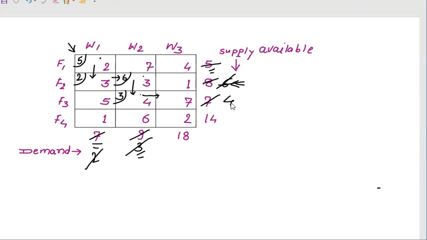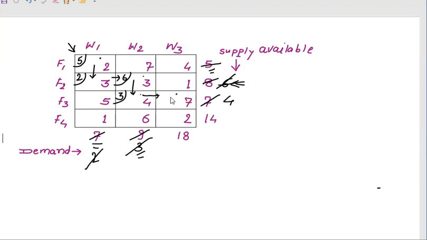So since still there is some quantity left, we move to the right hand cell and allocate maximum possible quantity in this cell. Now what is the requirement and supply available? Supply available is 4 units and 18 units are required.